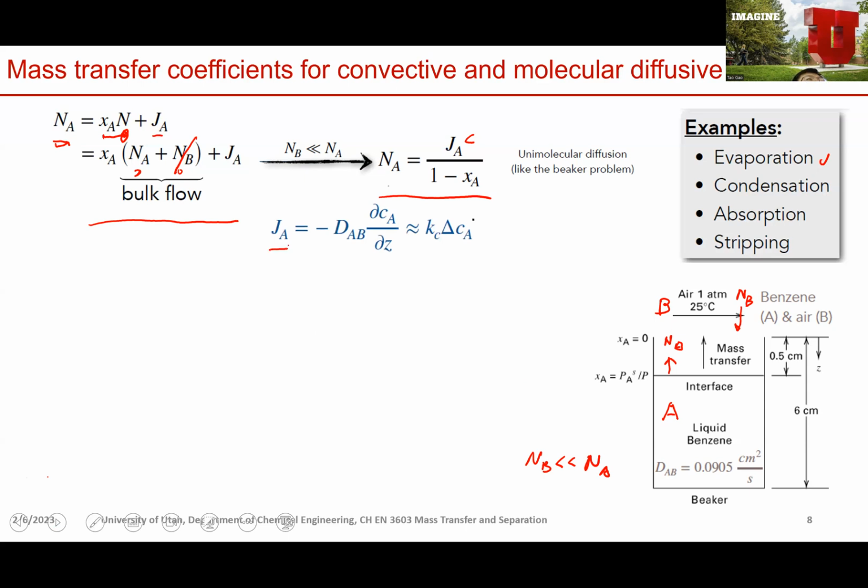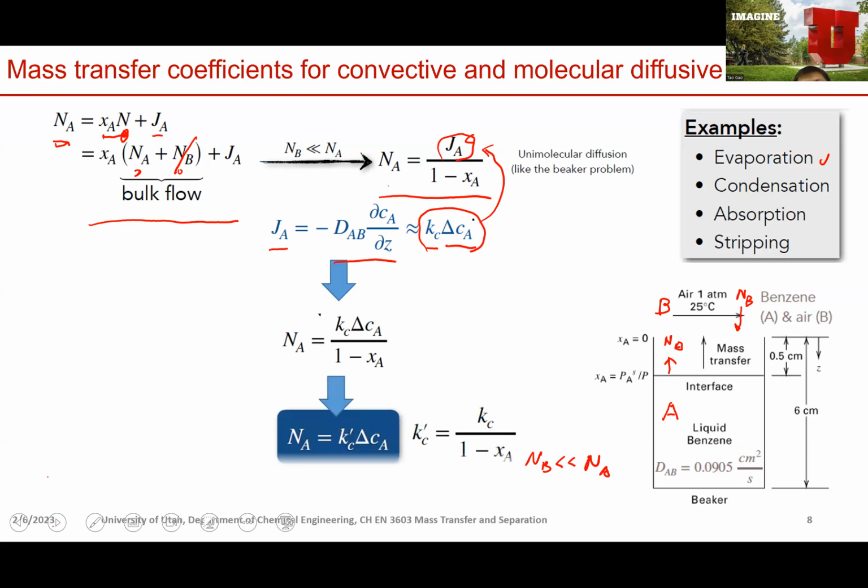Then we know for the diffusive flux, Fick's law can be approximated by using the mass transfer coefficient Kc multiplied by the concentration difference, right? Then you just plug this back in, replacing JA with that, and you get this equation.